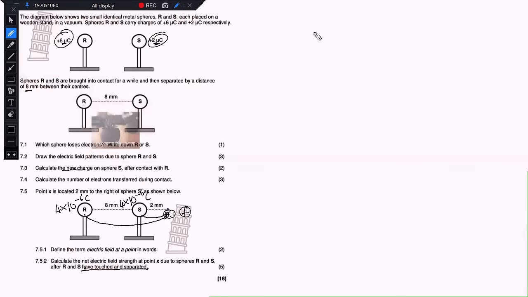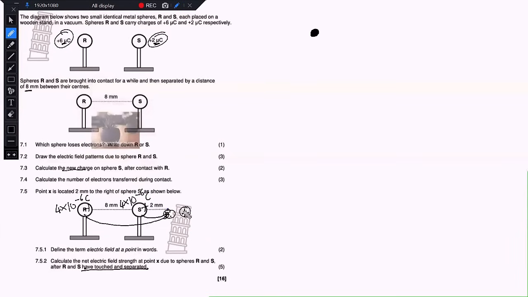So now the first thing that we do here is let's try to draw the free body diagram indicating the forces or the electric field that is experienced by point X due to the two spheres. Now, this is a positive charge, and that also is a positive charge. But the point charge again is a positive charge.